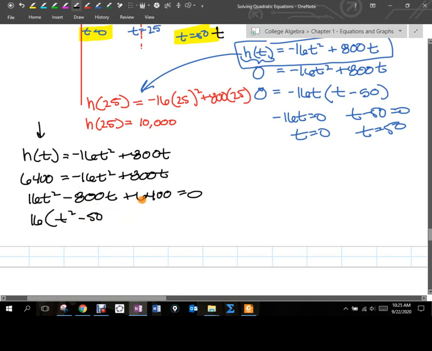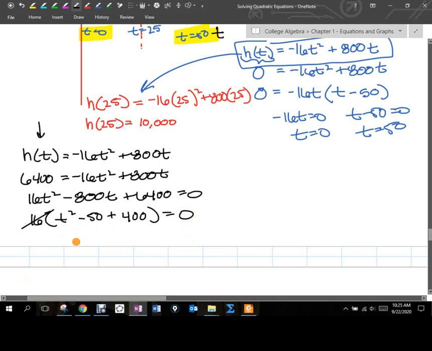And 64 is divisible by 16 4 times, but it's 6,400, so it's 400 times. Is that okay with everybody? Just taking that GCF of 16 out. Can I divide both sides by 16? It'll cancel here, and then it'll leave me 0 over here, right?